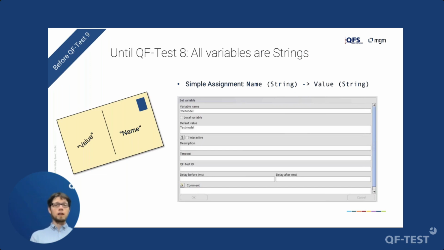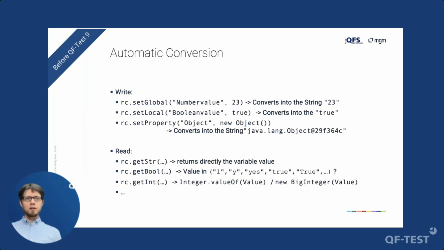And then you have a value. And in QF-Test 1 to 8, all variables were string pairs. That means if you have a name, you have a string name, and you get a string value back.